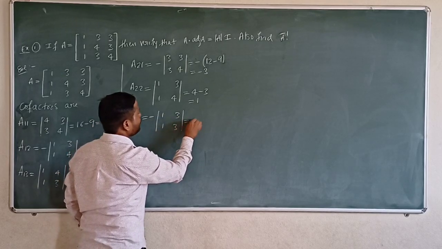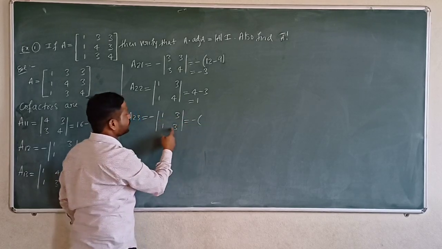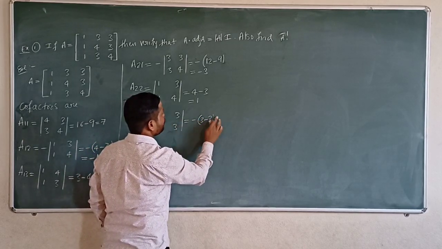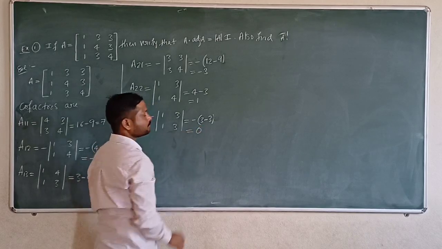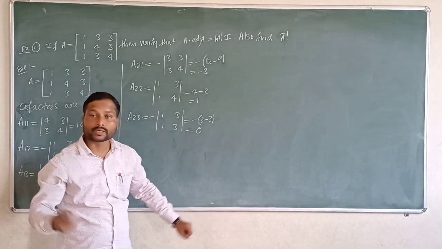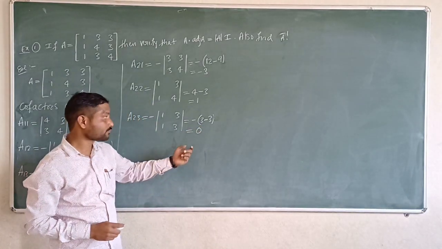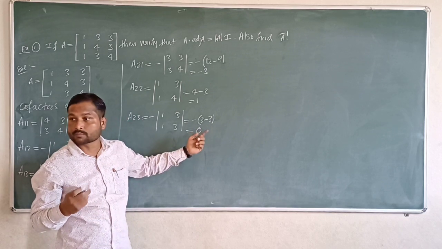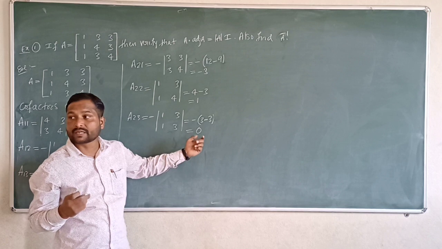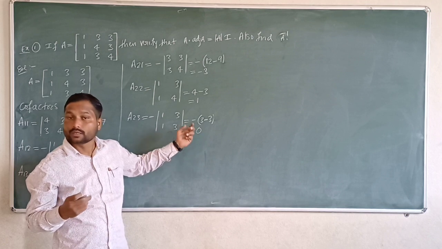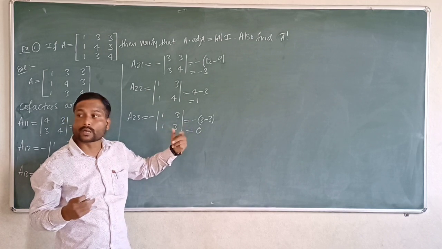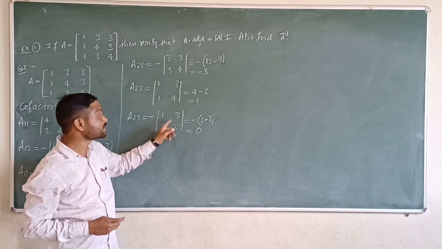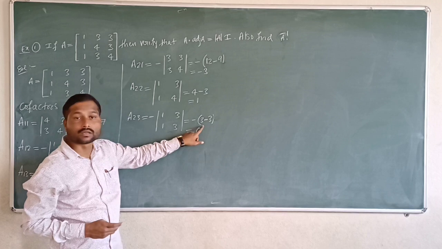This equals minus, as it is: 1 3s are 3 minus 1 3s are 3, which is 0. Remember a rule, one of the properties of a determinant: if two rows or two columns are identical, then the determinant is 0.